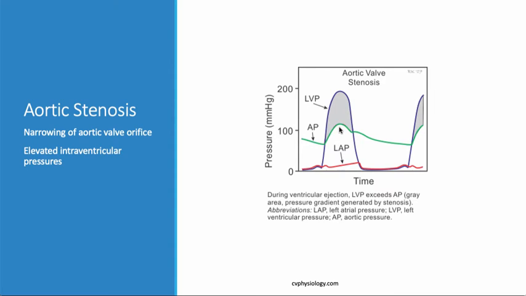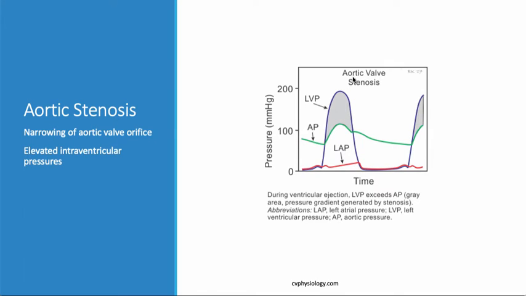So you can see that if we use antihypertensives and lower the blood pressure, we're going to increase the left ventricular gradient across that aortic valve, right? So that is not an adequate treatment for aortic stenosis. In fact, there is no medical therapy for aortic stenosis, but we'll talk about that in a minute as well.